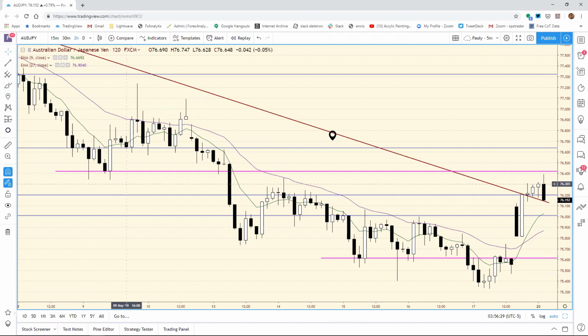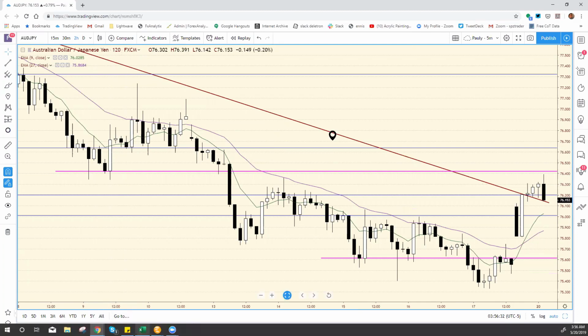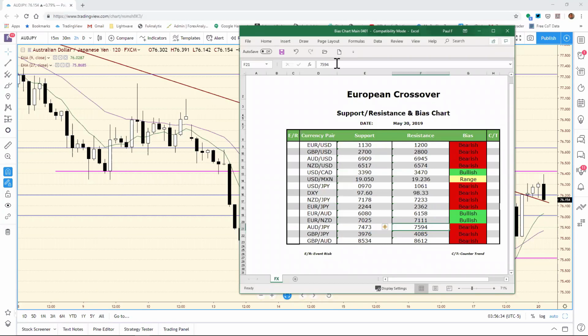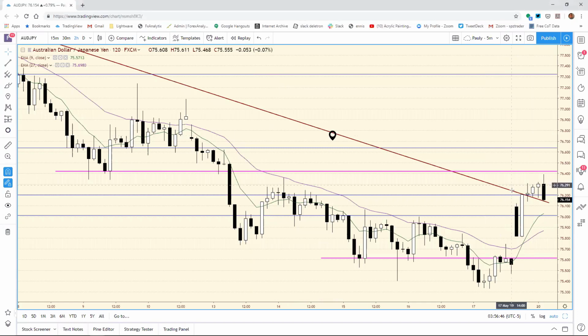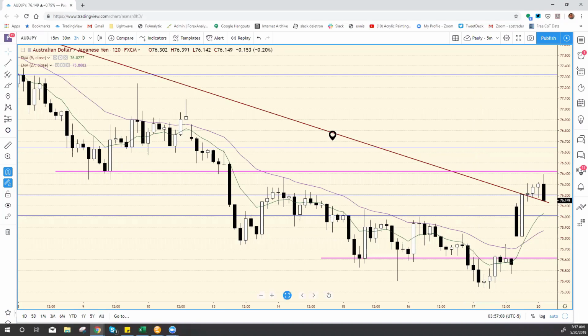There, 76.43. Support right now would come in at 76 even. Let's see, maybe a little bit of a touch just below. Call it 75.98.